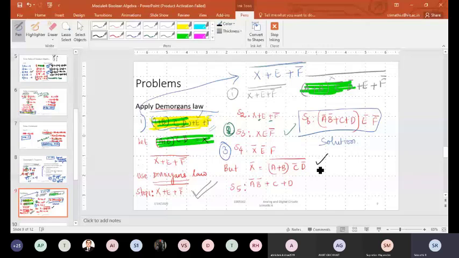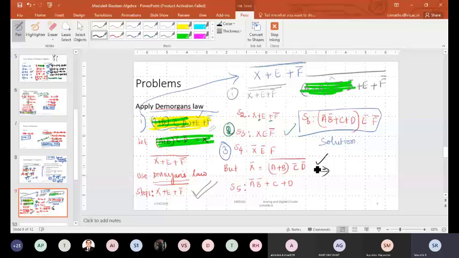Here also, what do I have to do? I need to use De Morgan's law for this function too, because I have taken the big logic function and then assigned it to a variable. So what is the first step? I have to do A plus B into C bar D bar. Why is this bar coming?